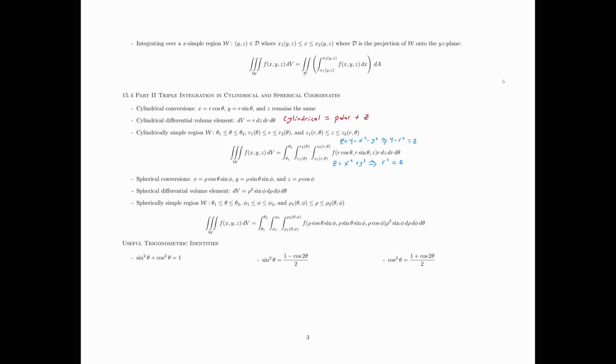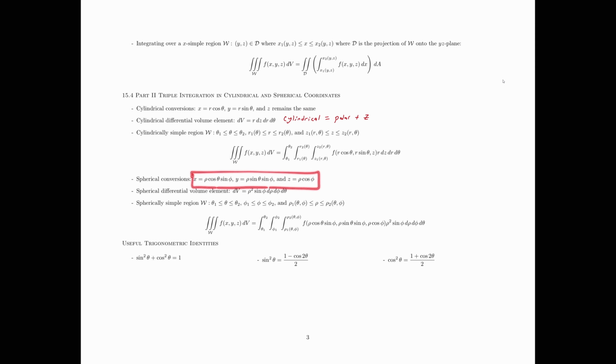For spherical coordinates, on the other hand, things are definitely different. We still have some ideas of polar coordinates showing up, but it is a little bit more than just polar plus something else. So let's take a more in-depth look here for spherical. For spherical coordinates, we have these equations.